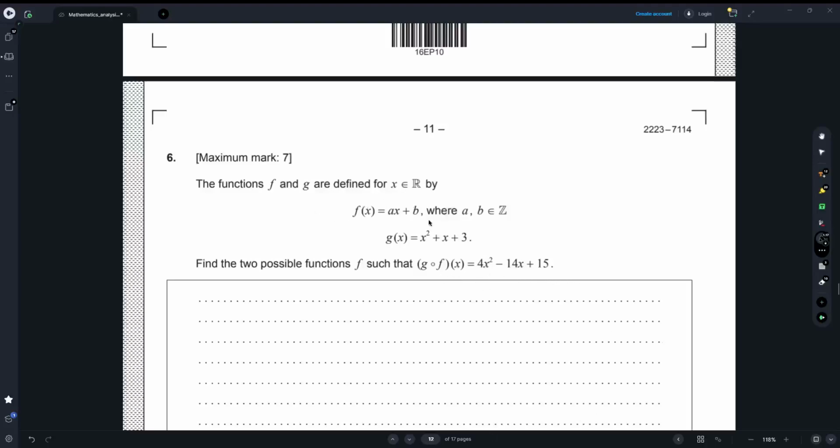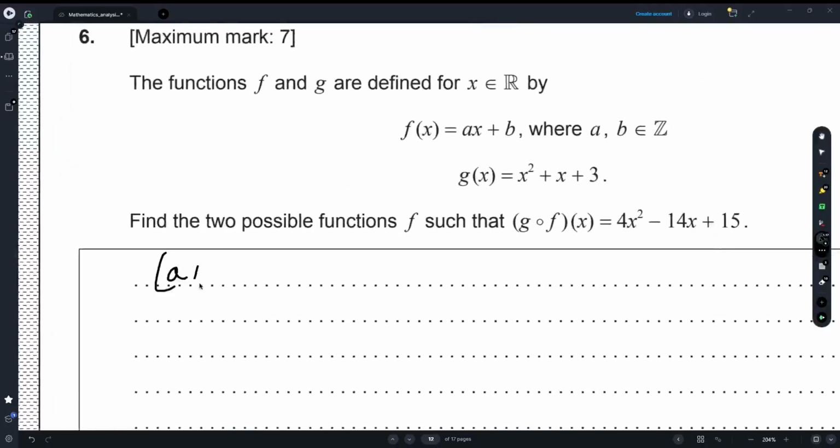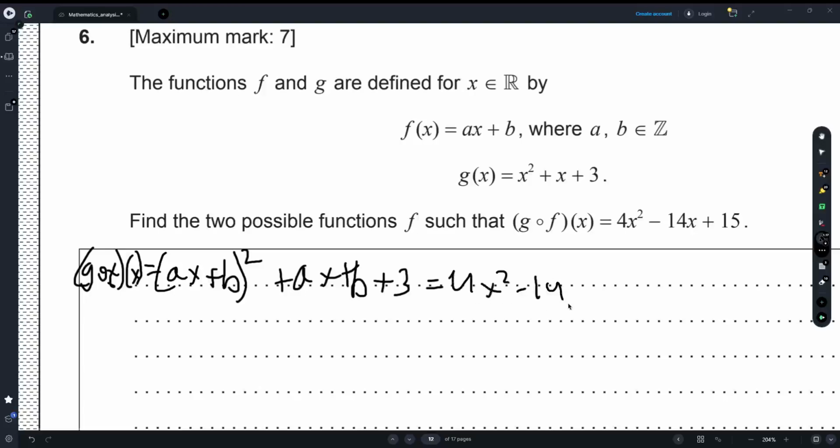The first thing we'll do is find this composite function g of f of x, which will just be ax plus b squared, I'll write this down here, g of f of x, ax plus b squared, plus ax plus b, plus 3. And we can equate this to 4x squared minus 14x plus 15 already.